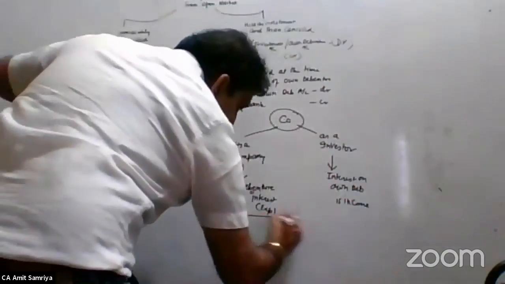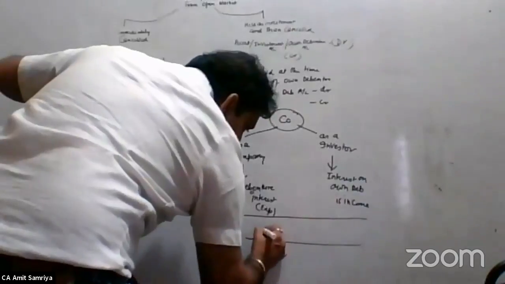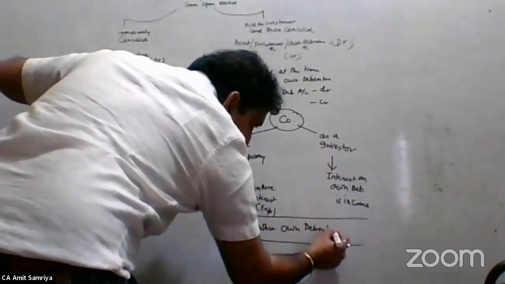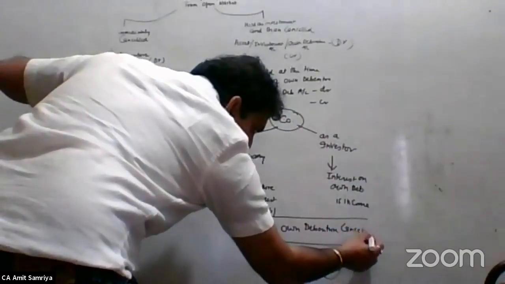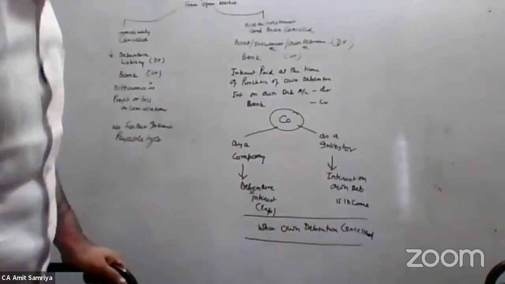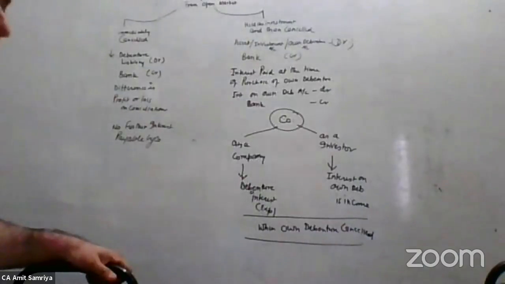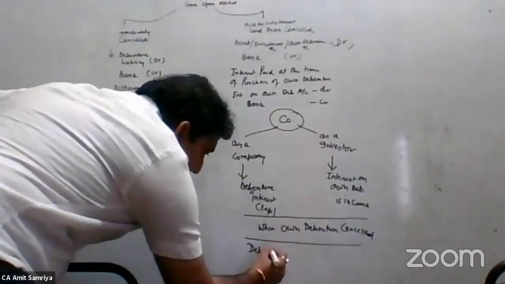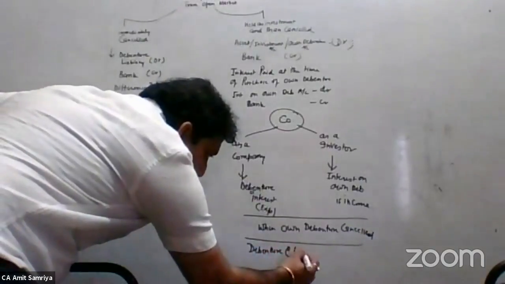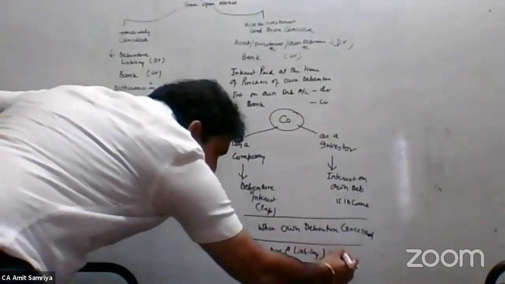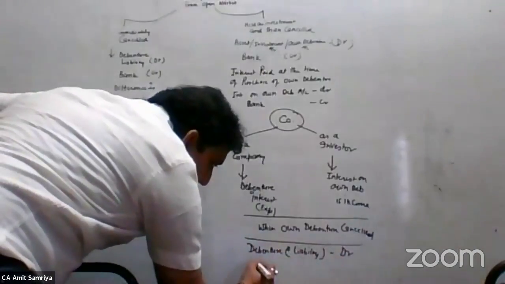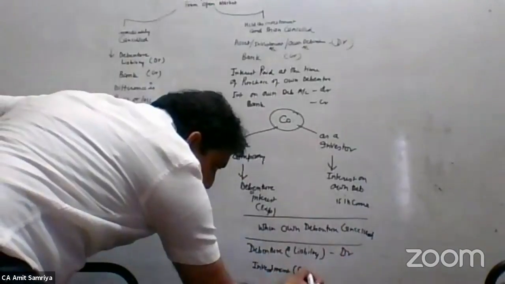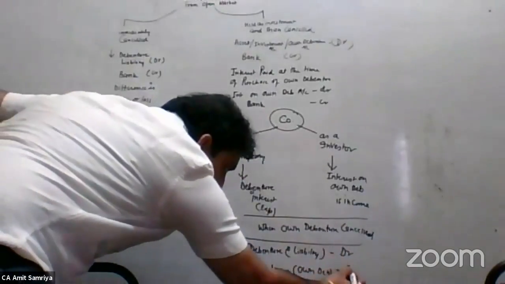And when own debenture is cancelled, debenture liability account, debit; investment, own debenture account, credit.